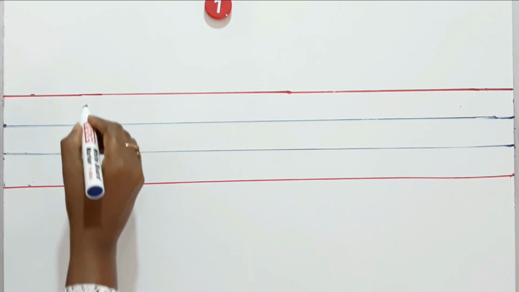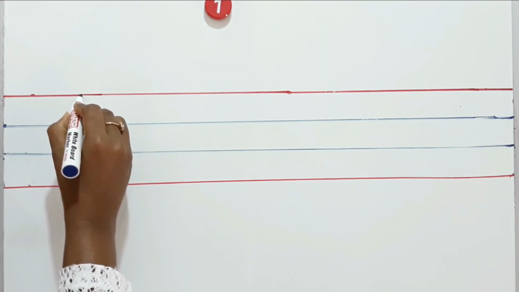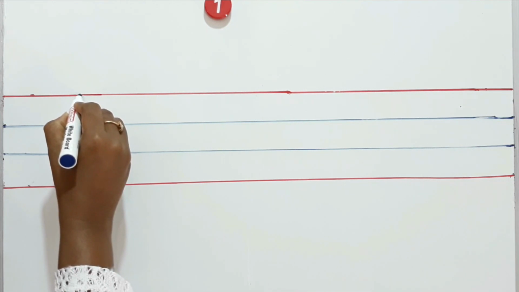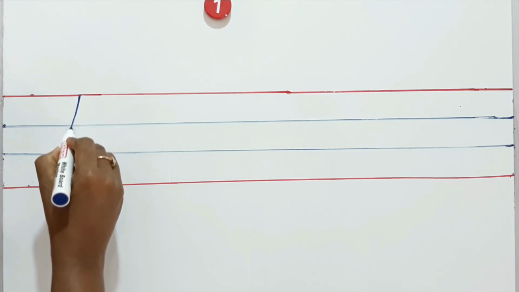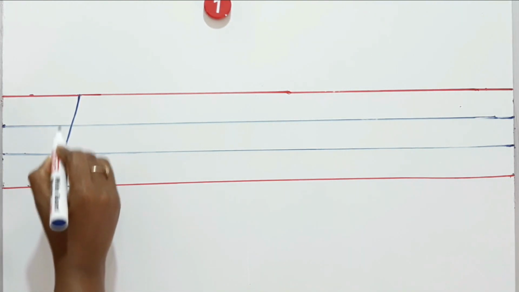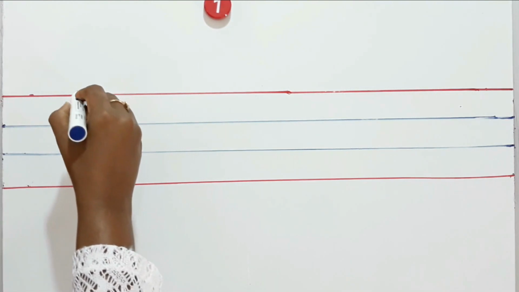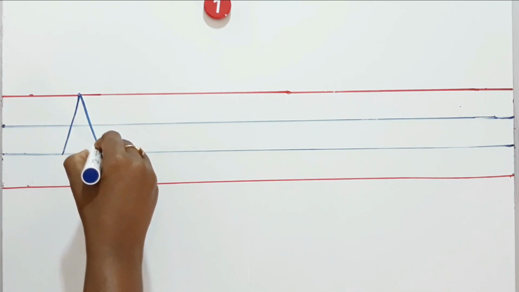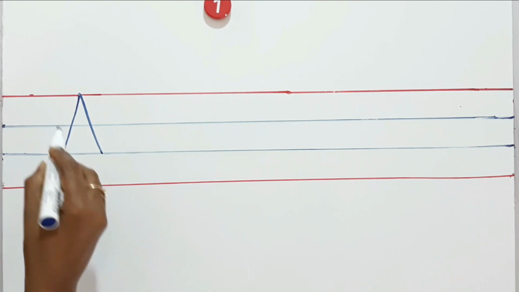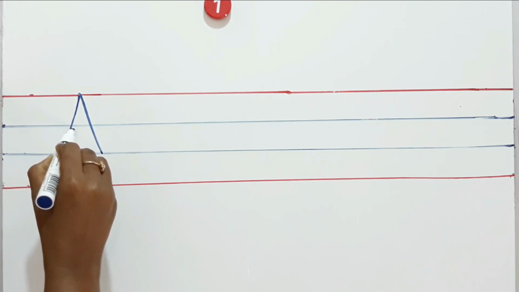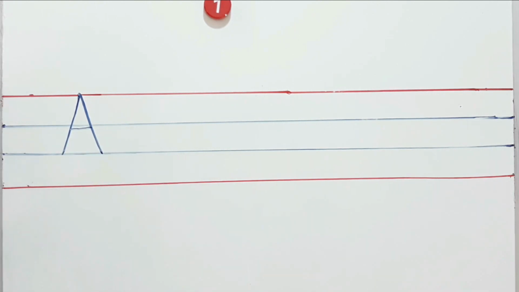Uppercase A, we start from the first red line and come down to the second blue line, a slanting line. Stop. Go back to the top, again a slanting line, come down to the second blue line. We join these 2 slanting lines with a sleeping line.